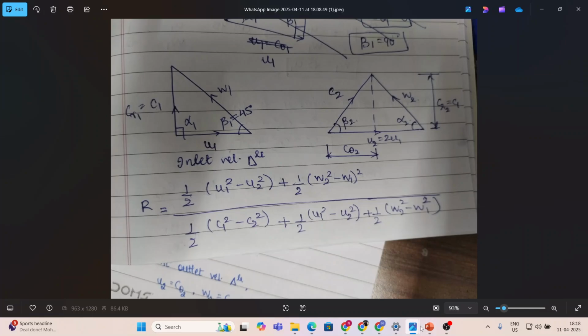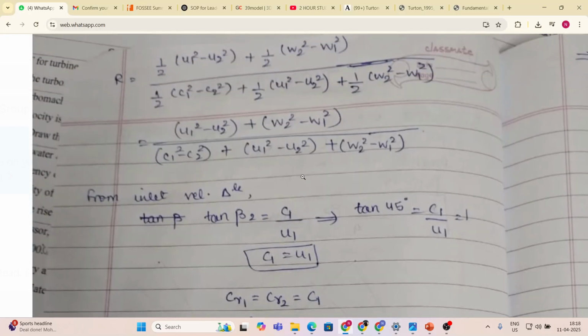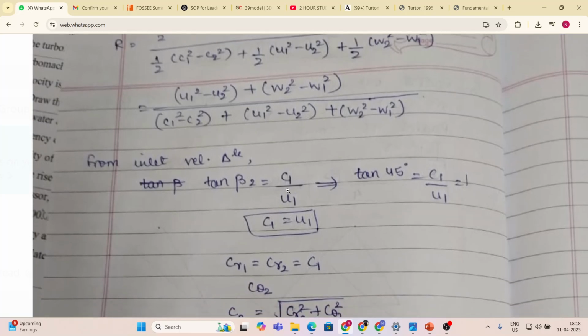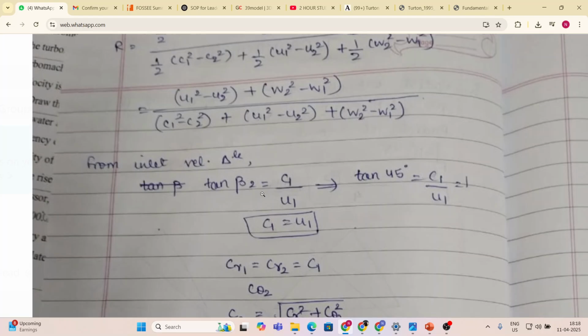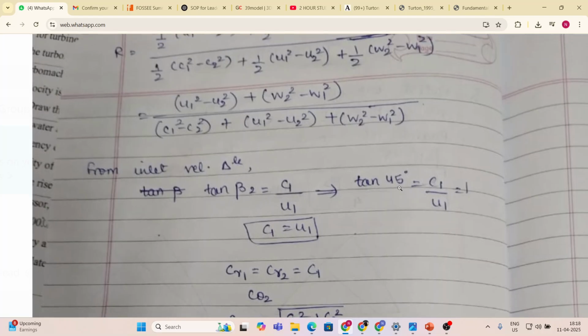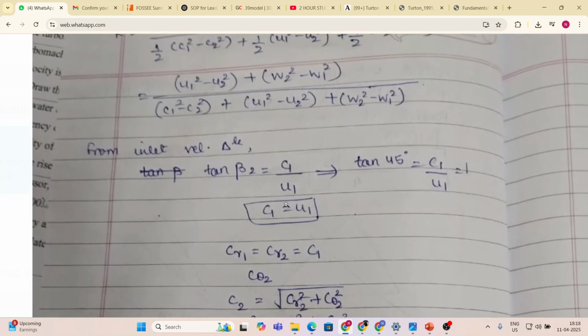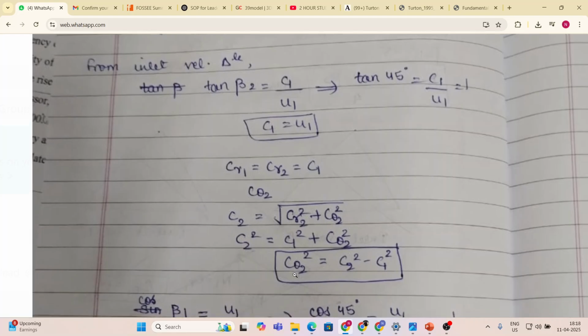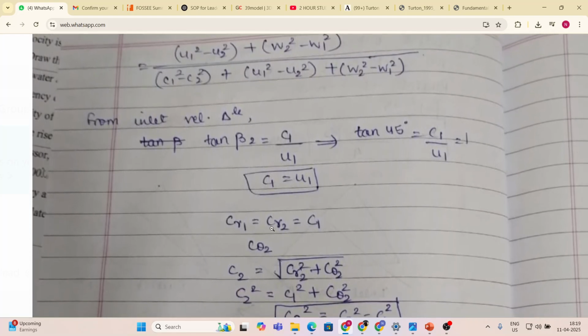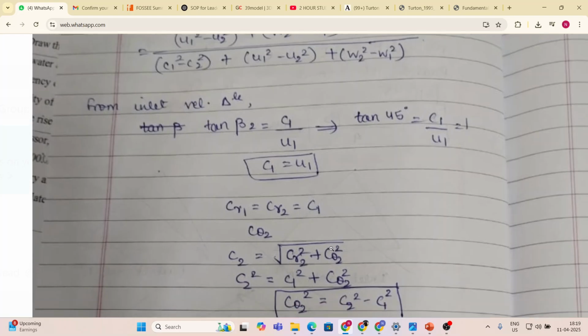Sorry, it's beta 1, not beta 2. With beta 1 equal to 45, C1 by U1 is equal to 1. So C1 is equal to U1. And as you can see, CR1 is equal to CR2 is equal to C1.